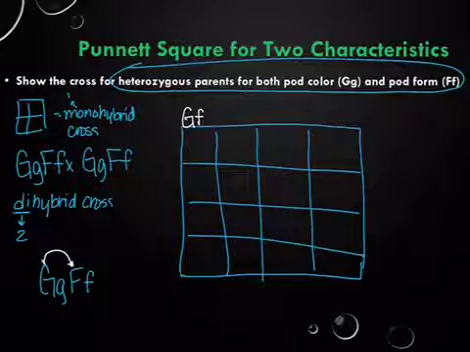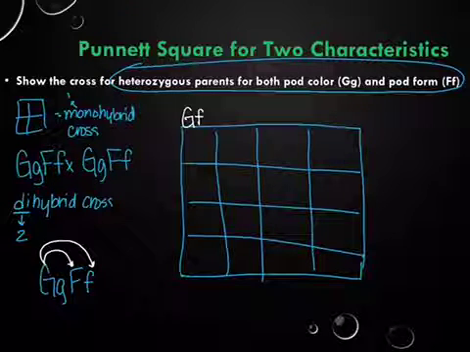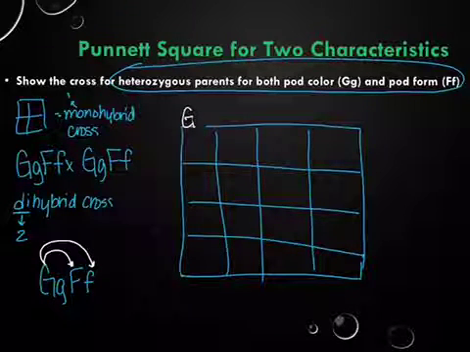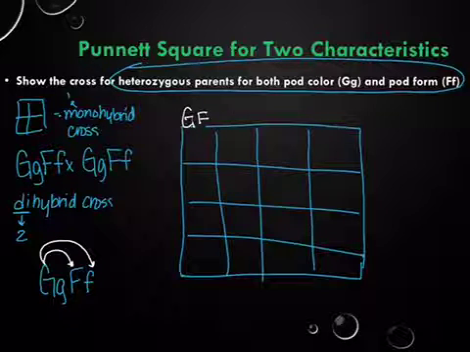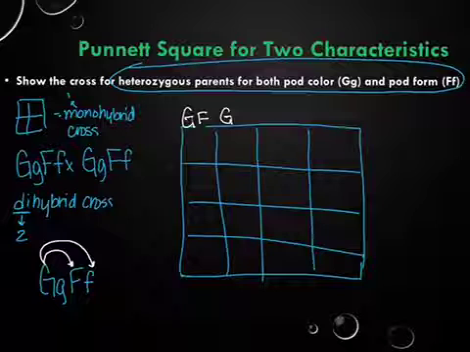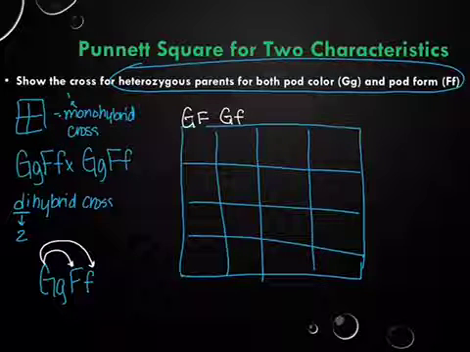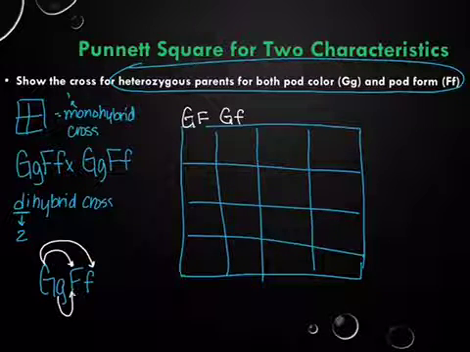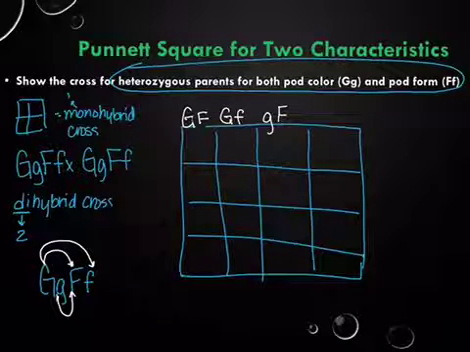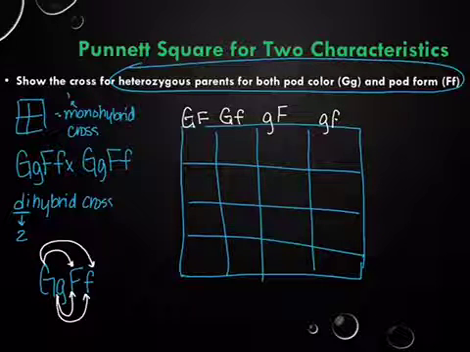And then our second one, starting with big G again, would now pair with the little f. And then you go, all right, our big G is paired with everything it could for the F's. Now we go to the little g, and it will pair with the big F. And again, it will pair now with the little f.